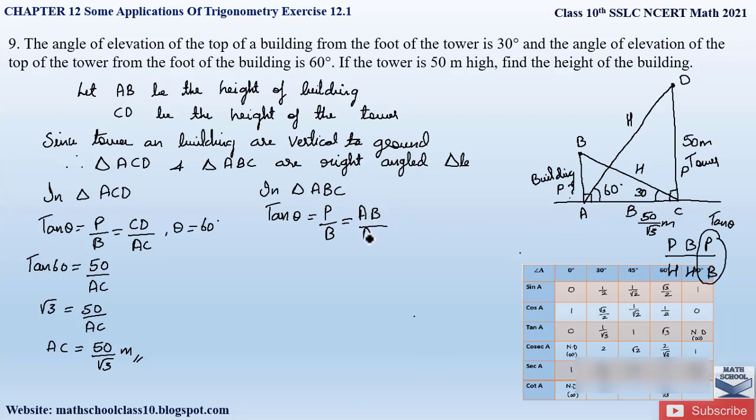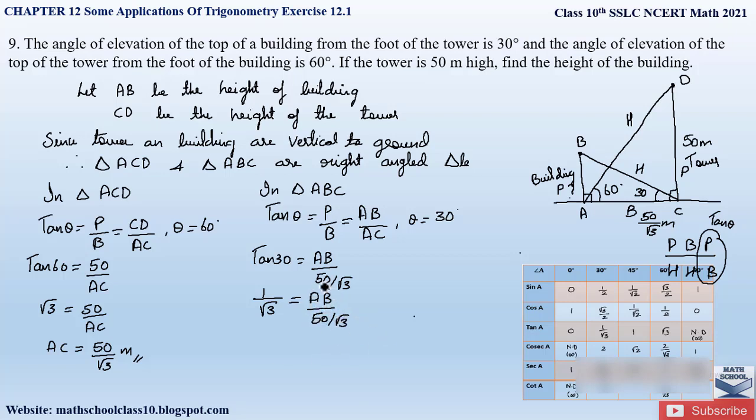Base is AC again, and our theta value is 30 degree now. So tan 30 is equal to AB, which we have to find out, divided by AC, which is 50 divided by root 3. So what is tan 30 from the trigonometric table? It is 1 by root 3 is equal to AB divided by 50 divided by root 3.